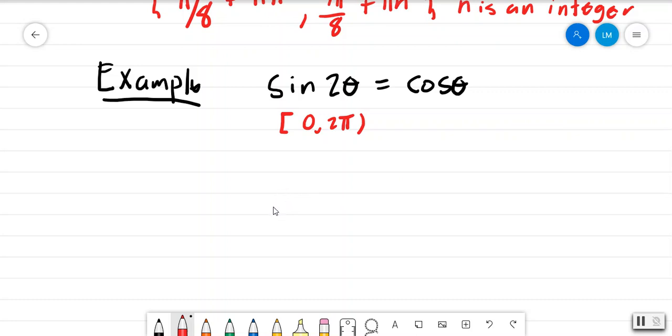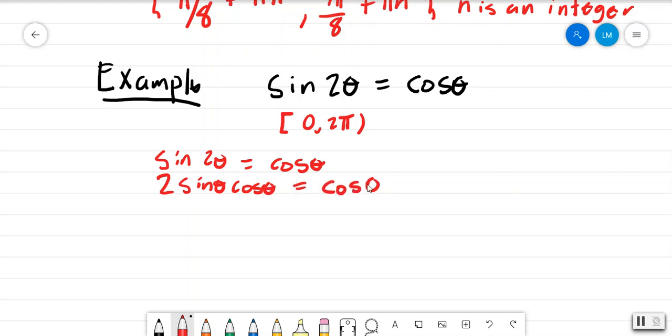Okay, so if we go and try to solve this, we have sine 2 theta equals cosine of theta. But this gives us that sine 2 theta is 2 sine theta cosine theta, which equals cosine of theta.